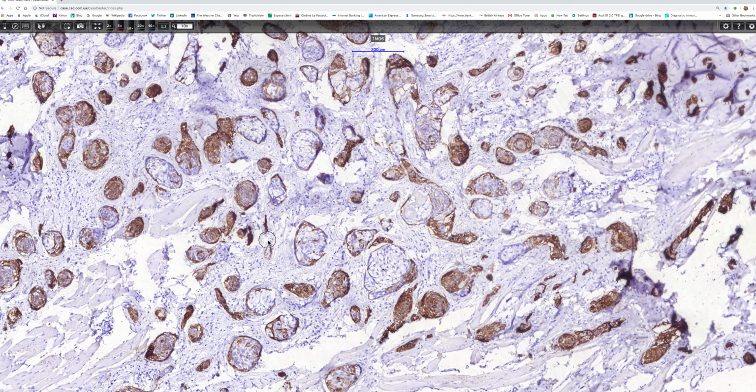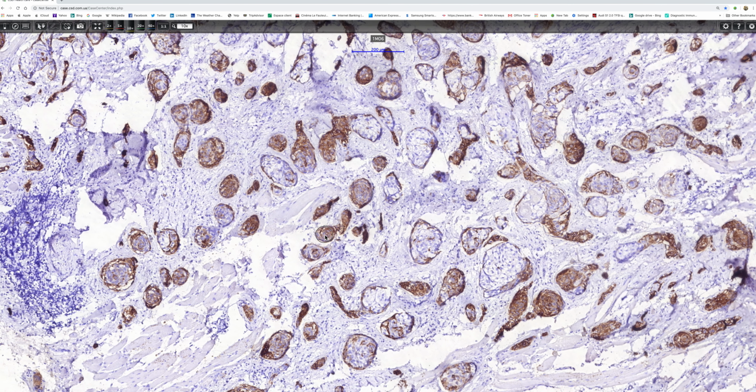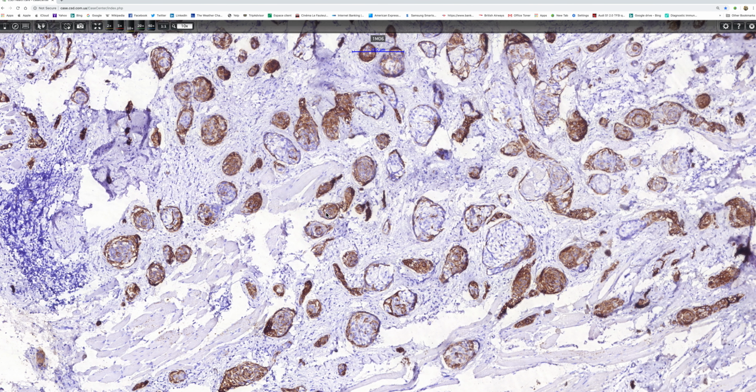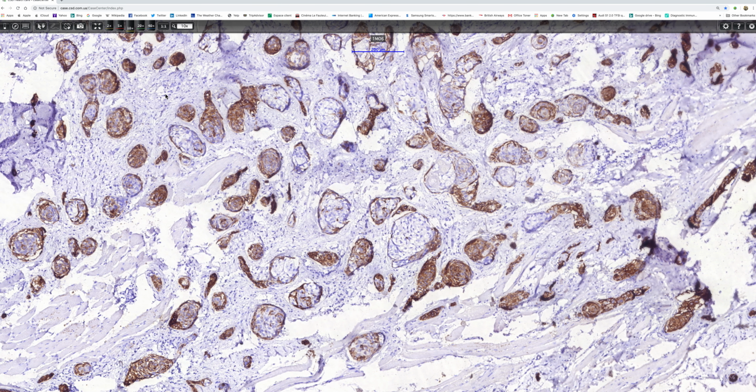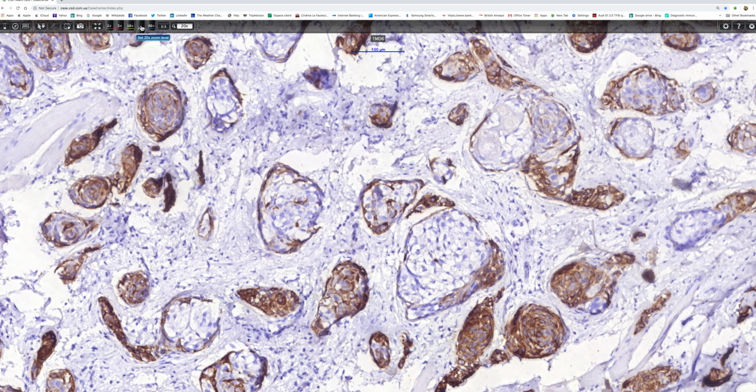Now, what's quite interesting to me is that the tumor nodules are positive, but only in part. And it seems to me that the more basaloid component is the bit that's expressing CK5, whereas the clear cell elements are negative.